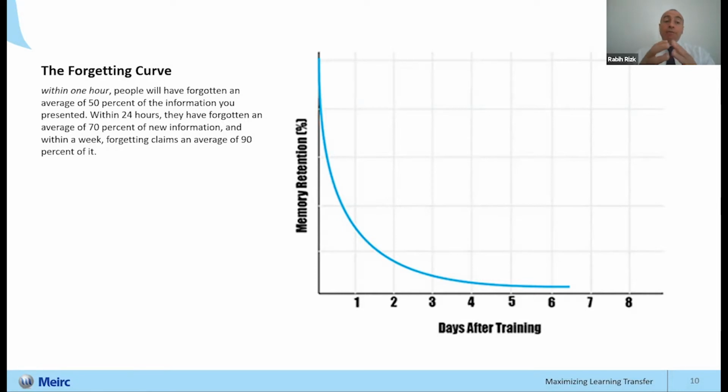And within 24 hours, they would have forgotten almost 70% of this information. And after a week, it might reach a soaring level of 90%. So after a week, only 10% of what was shared in the classroom or in a lesson is retained.